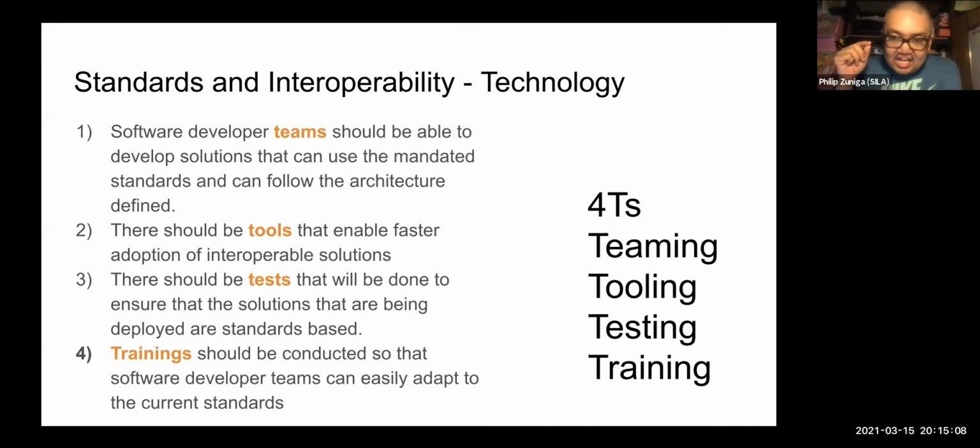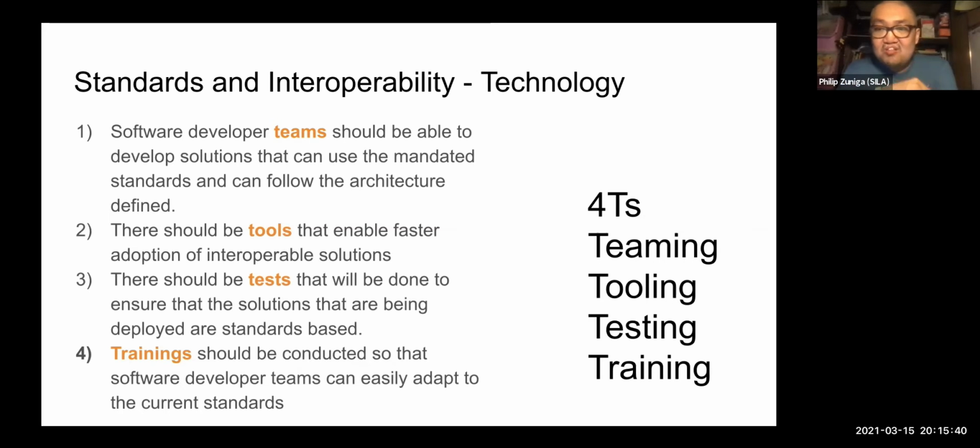It works with teams to develop solutions that can use the mandated standard. It develops tools. When we say tools, it's not only the software tools, but knowledge materials, publications, national profiles. So those are also tools that can be used to adopt interoperable solutions.